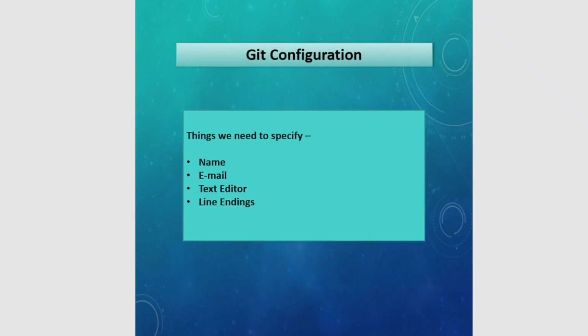Okay, so we'll be jumping right into the installation, but before that we need to understand that when you are configuring Git for the first time, you need to specify some certain things. You need to specify your name and email, you need to specify the default text editor. By default Git recommends you Vim, but I'll not recommend you to use Vim for the first time.